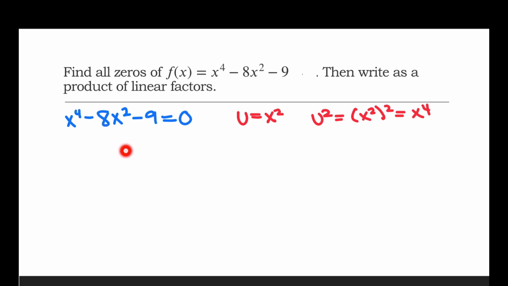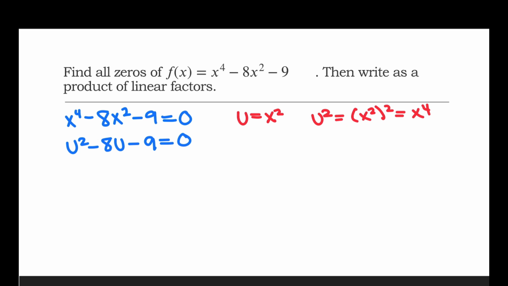I have 3 terms, and if I let u equal the x squared right there in the middle, if u is x squared, then u squared would be x squared squared, or x to the fourth. So that means we can replace this x to the fourth with a u squared. The x squared is u, and now I have a quadratic equation in terms of u.